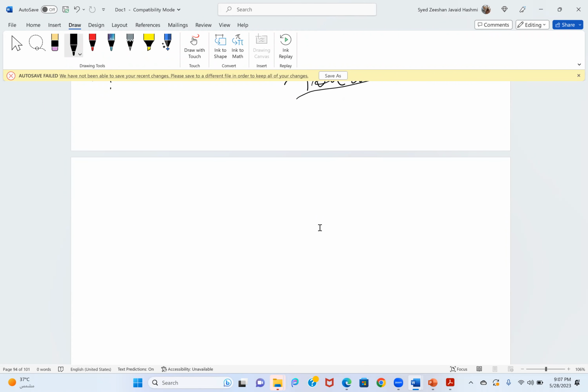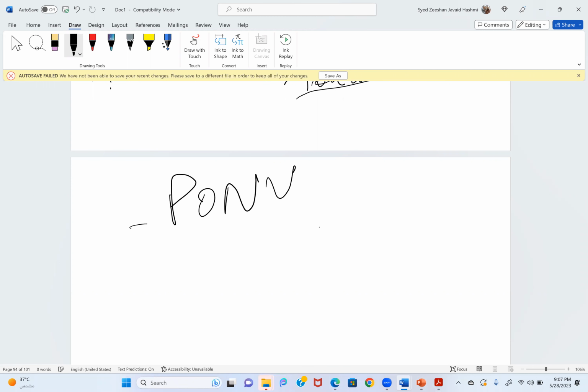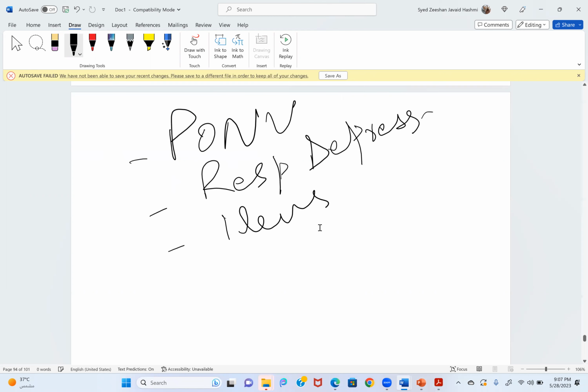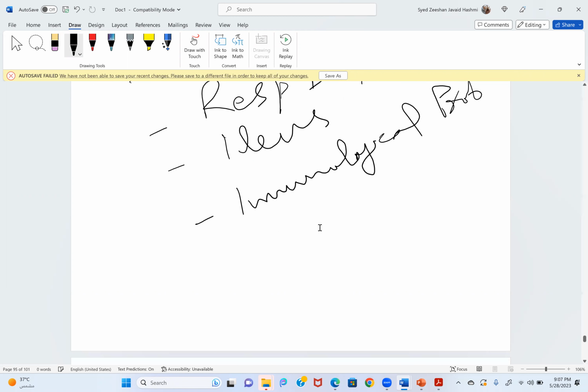I will quickly review: PONV, respiratory depression, then ileus, then some immunological problems, post-operative cognitive dysfunction, especially in elderly patients.